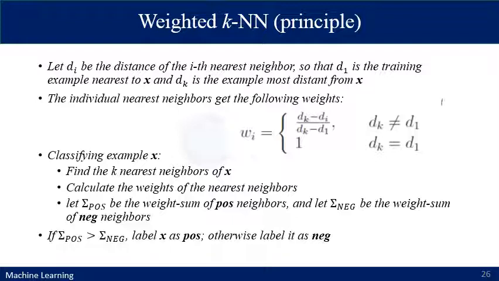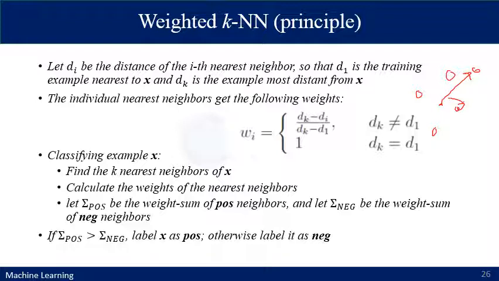So if we have an example here and we have 5 examples around it, d_f1 is the distance of the nearest example and d_fk, here d_f5, is the distance of the most distant example.